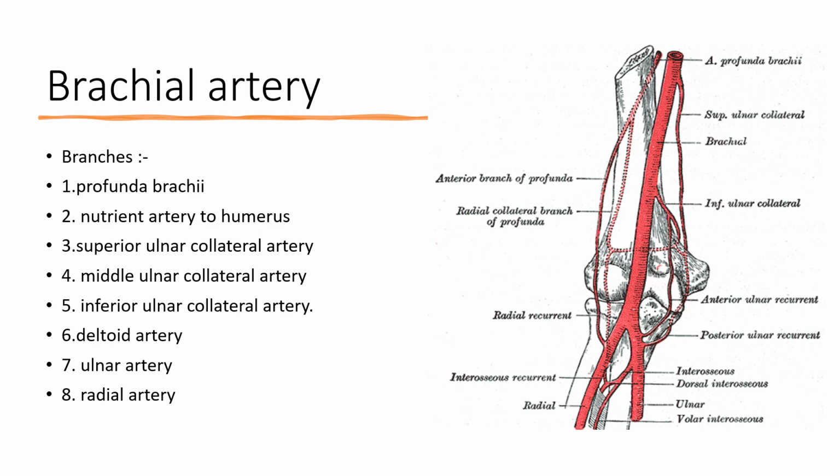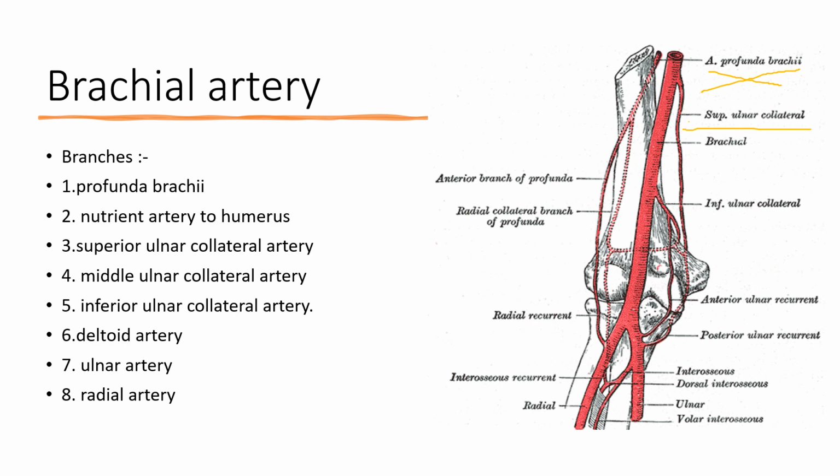Now, coming to the brachial artery. The brachial artery has in total 8 branches. First is the profunda brachii artery. This is the arteria profunda brachii. Then we have the nutrient artery to the humerus, which is not shown in this diagram. Then we have the superior ulnar collateral artery.